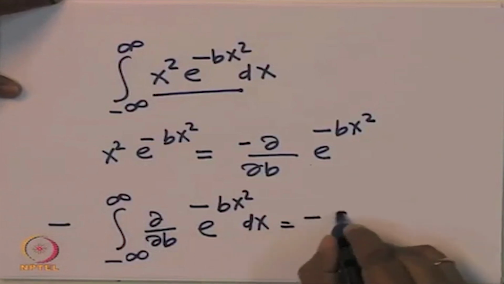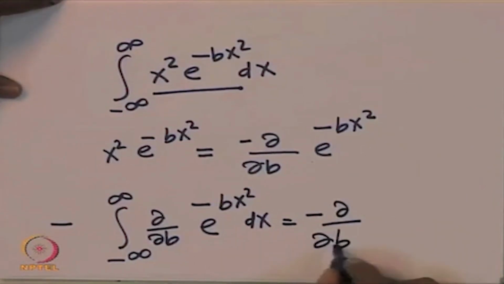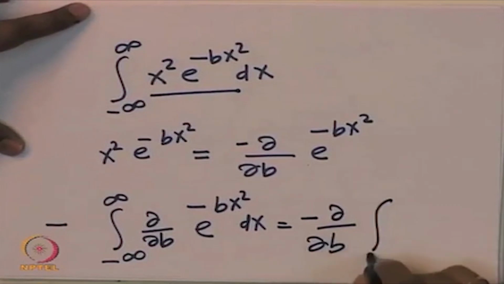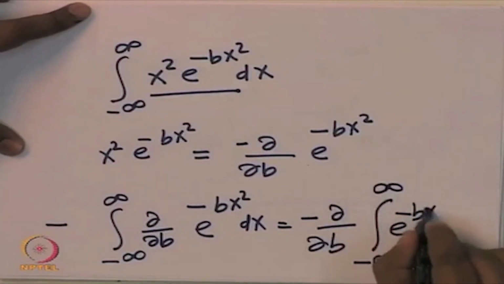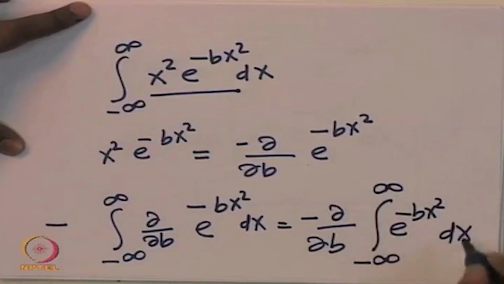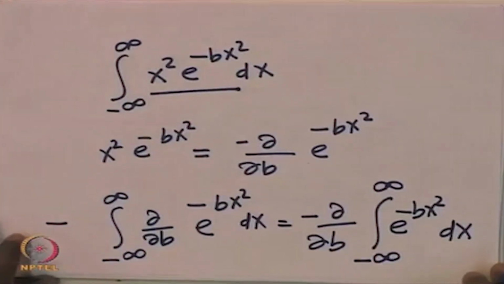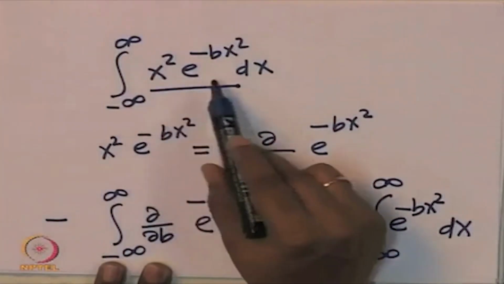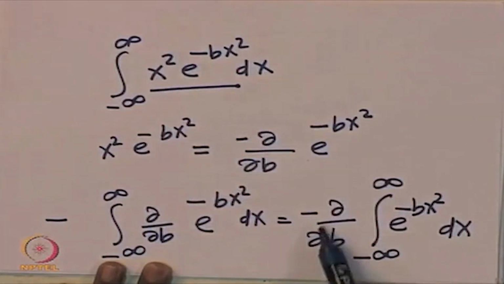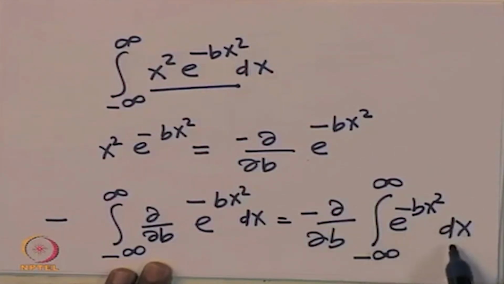So, this is minus del by del b of the integral from minus infinity to infinity of e power minus b x square dx. So, what did we do? We wrote the integral of x square e power minus b x square dx as minus del by del b of the integral of e power minus b x square dx from minus infinity to plus infinity.